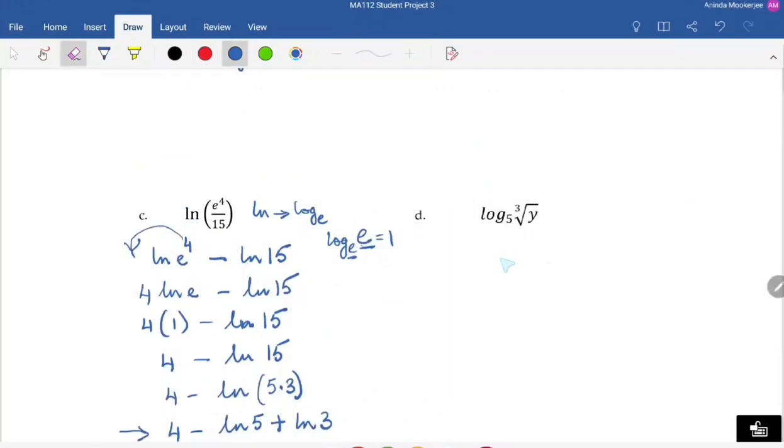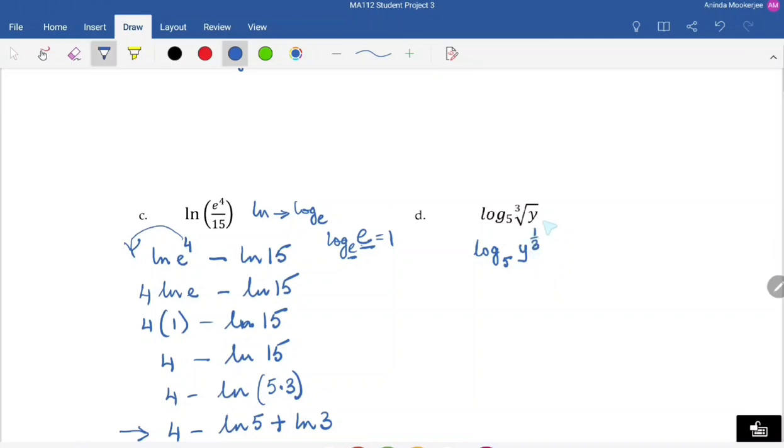Now question number D is log base 5 of the cube root of y. So we have a radical here, but whenever there's a radical, we can always rewrite it in exponent form, right? And once we have an exponent in a logarithm, we can use the power rule and expand the expression. So let's do that. I'm going to write log base 5, and I'm going to write the cube root of y as y to the 1/3, right?